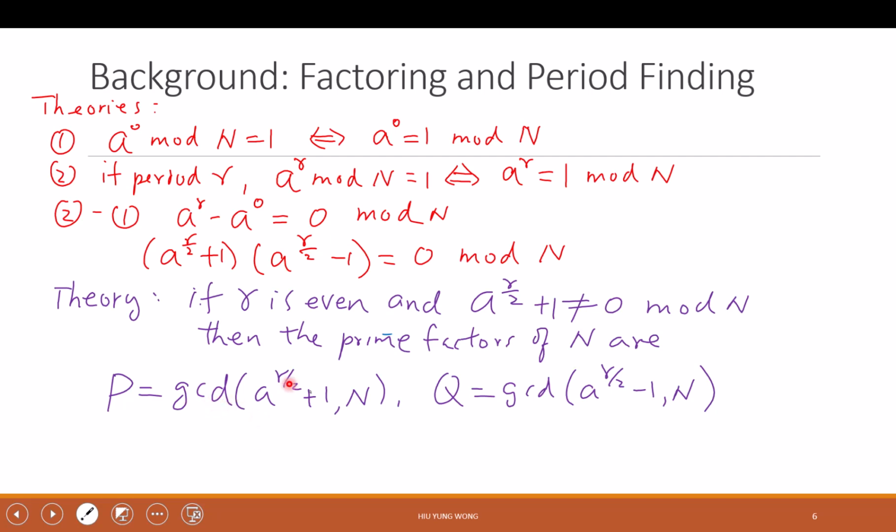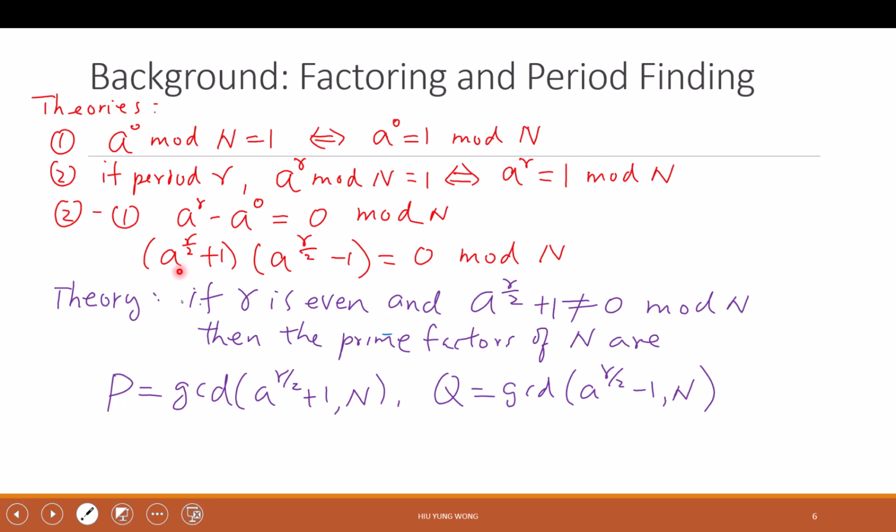So, if I find out the period of this function, which is R, and it happened that R is even, so the period can be odd. If it is odd, what do we do? Try another A. A is somewhere we randomly pick. We pick another A, find the period again. If it is even, okay, great.